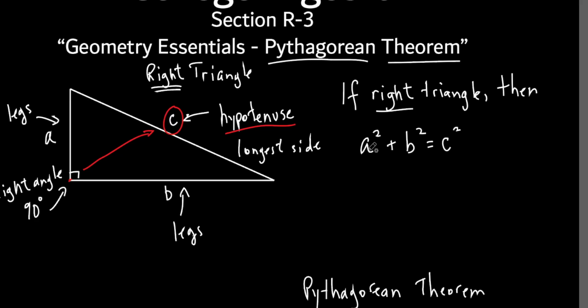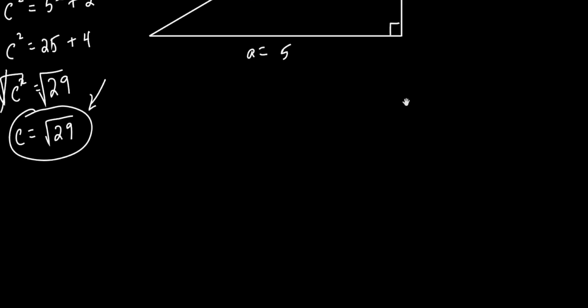Then you know that if I take the two legs and I square them, add them up, it's going to equal the hypotenuse squared. Right? If you have a right triangle. What if you didn't know your triangle was a right triangle or not? So this is called the converse of the Pythagorean theorem.